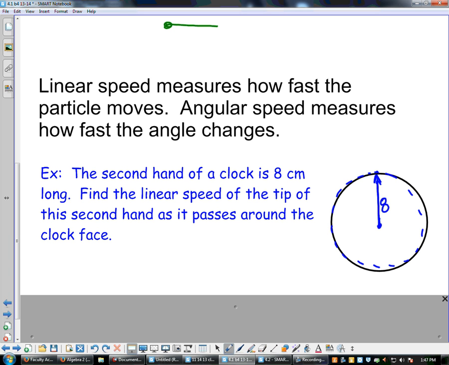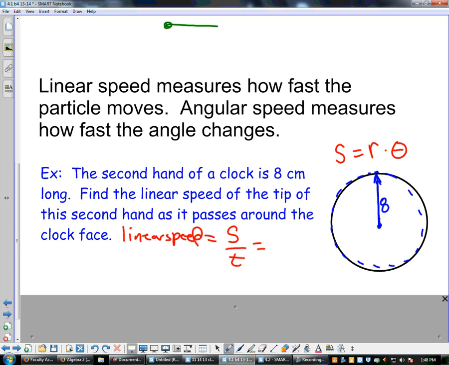Well, we would need to use our formula for linear speed, which is what? Linear speed is s over t. What is the arc length in this case? Remember we need to use this formula: arc length equals radius times theta.